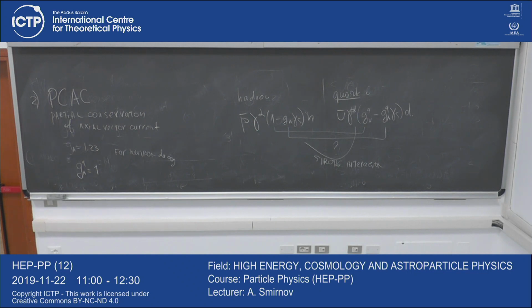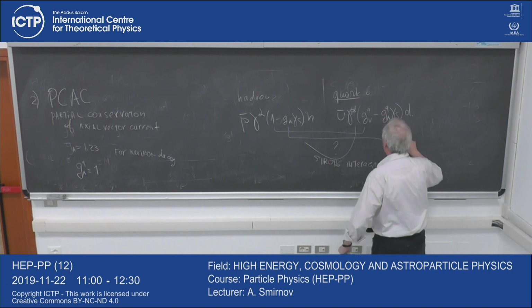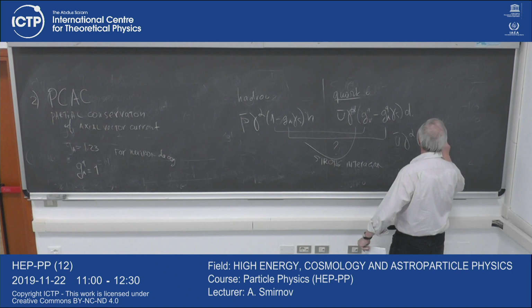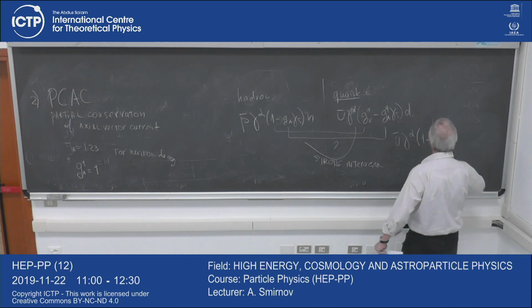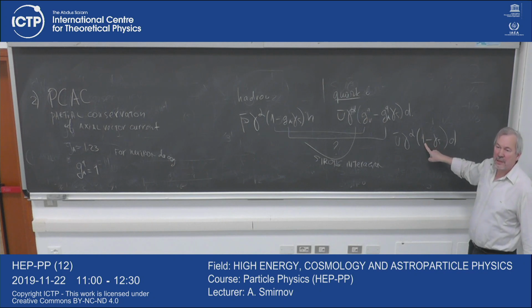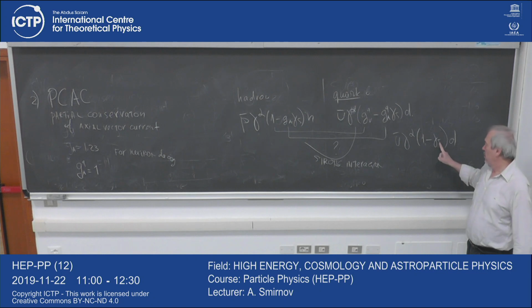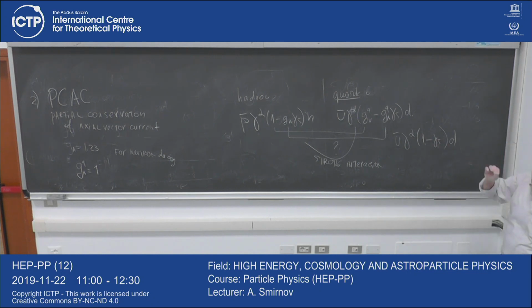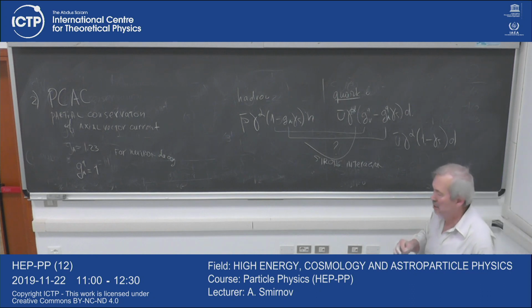Which means that you start here with current U, gamma alpha, 1 minus gamma 5, D, and this coupling is not renormalized, or not changed, by strong interactions, but this is modified. For neutron, it is modified up to 1.23, and this is why it's partial non-conservation. So you have a deviation from 1, but it's not a big deviation.